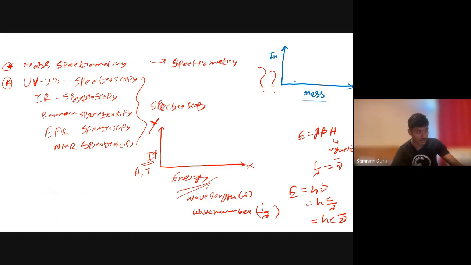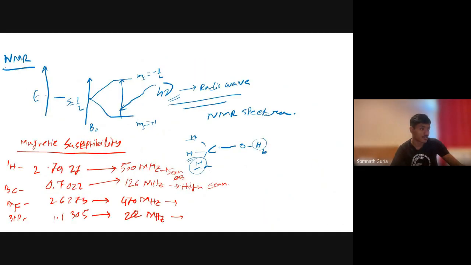Now we talked about NMR spectroscopy a little bit: why radio waves are used for the transition, and why different protons have different NMR shift values. So we discussed that.